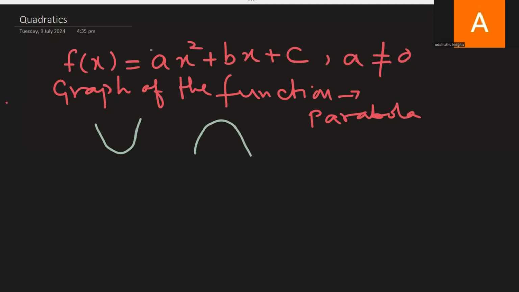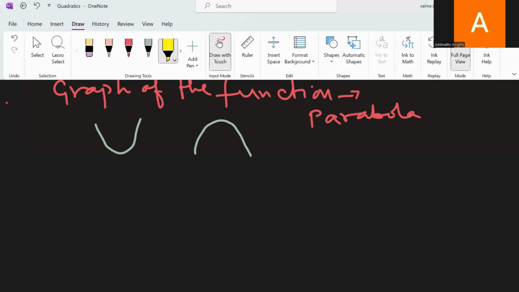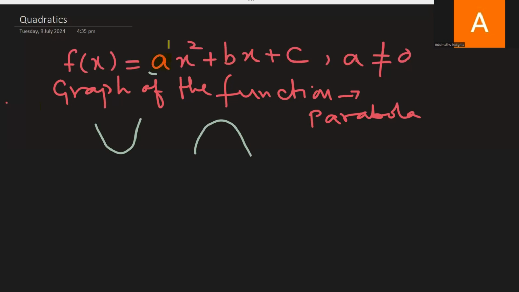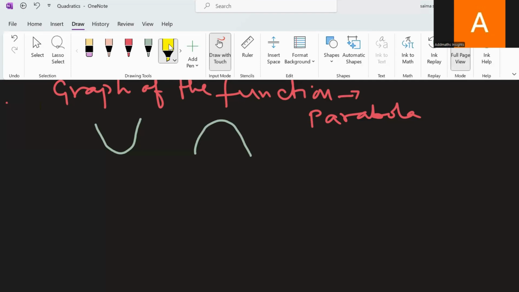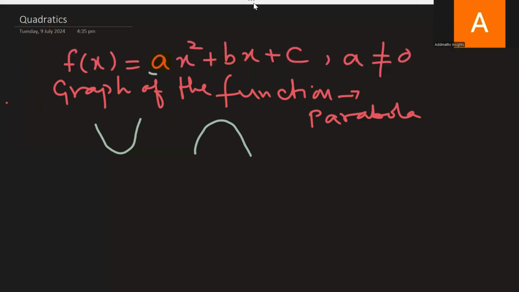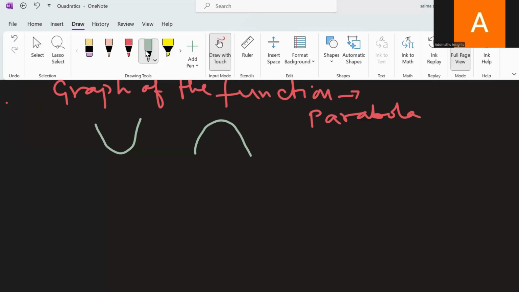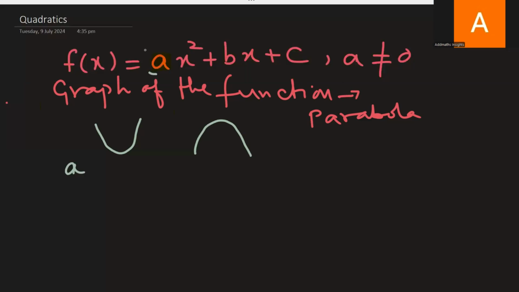If the value of this coefficient a is greater than 0, then the curve has a minimum point, which occurs at the lowest point of the curve over here.